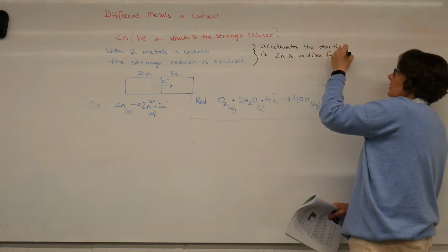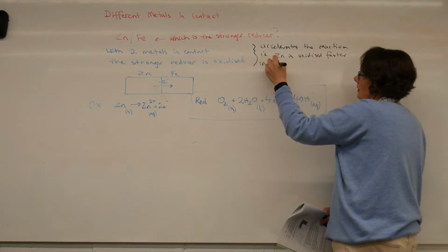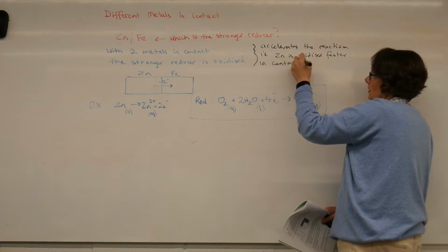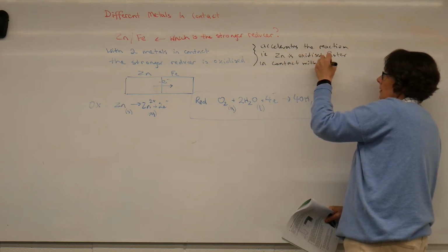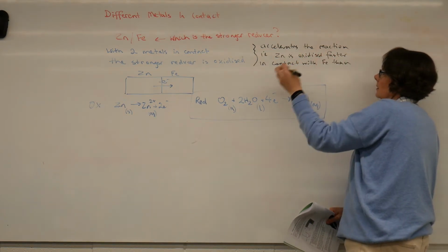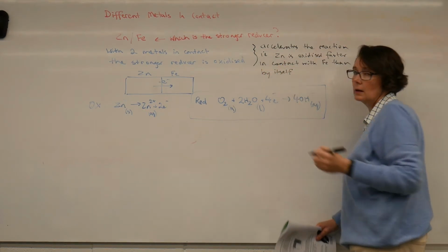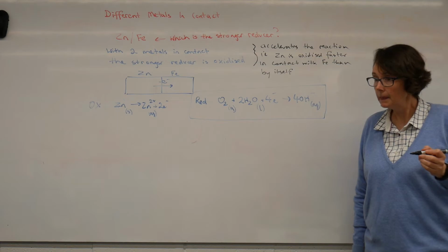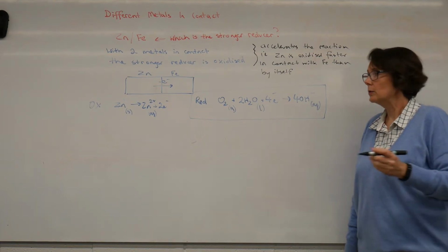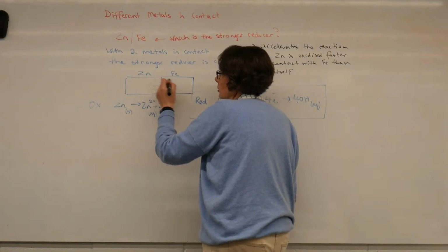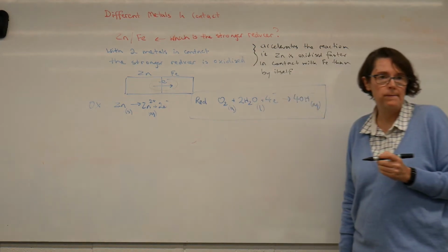Why do you think it's faster? Because the electrons are flowing. Yes, we've got this electron pathway between the two metals.